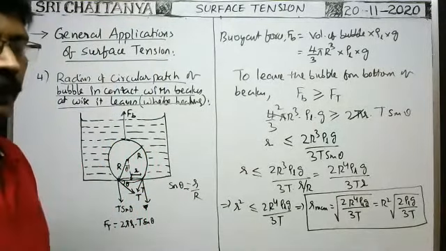Next, here one more. This is also important and easy. A liquid is filled in a spherical container. This is the center of the spherical container. Whenever this spherical vessel is filled with liquid up to a certain level, up to the height h, then the surface of the liquid is plane.